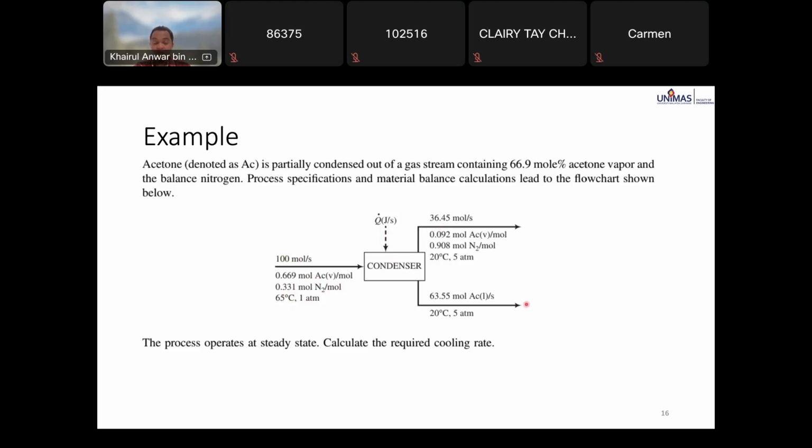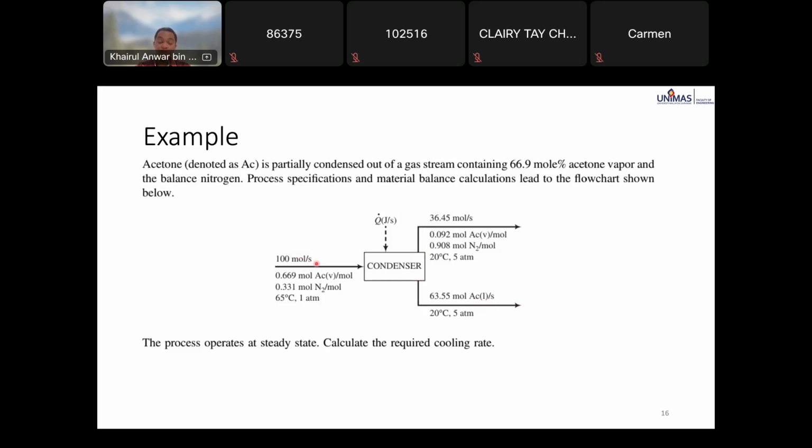So it's divided into two, since this is the condenser. So the bottom outlet is the liquid. That one is important. Liquid comes at the bottom, vapor comes at the top. It's common sense.